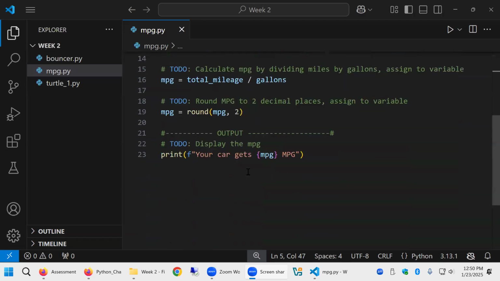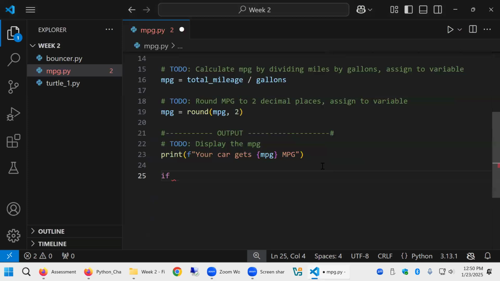I have my miles per gallon, right? And now I want to print out how efficient it is. So what am I going to compare? How would I do this? Is my miles per gallon high, average, or low?